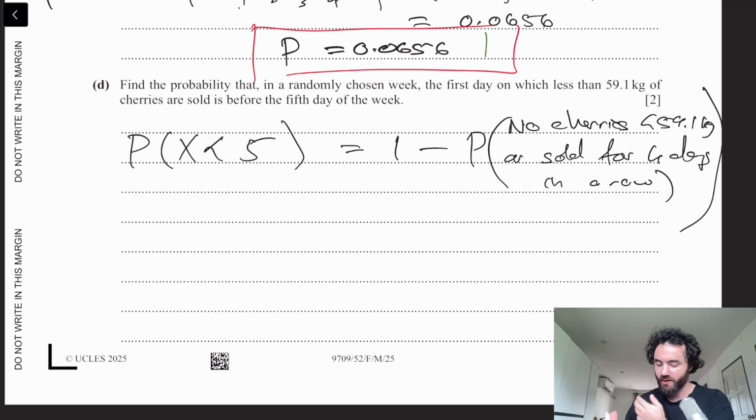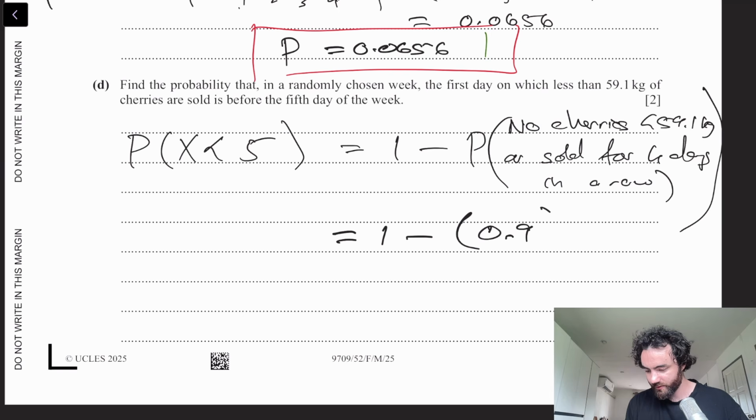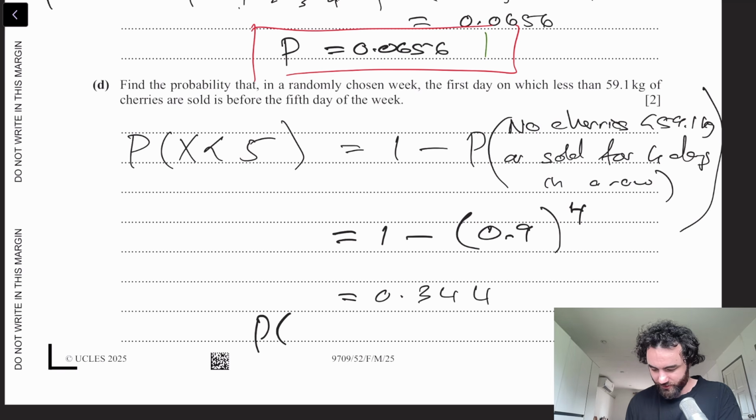Because there's no cherries less than 59.1 on the first day, second day, third day, fourth day. 1 minus that will give us this. So 1 minus no cherries sold on 4 days, which is 0.9 to the 4. Okay, just such a stupid question. 1 minus the answer is 0.34344. So the probability is this.